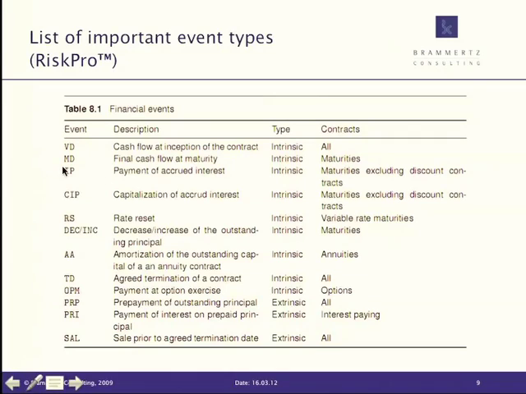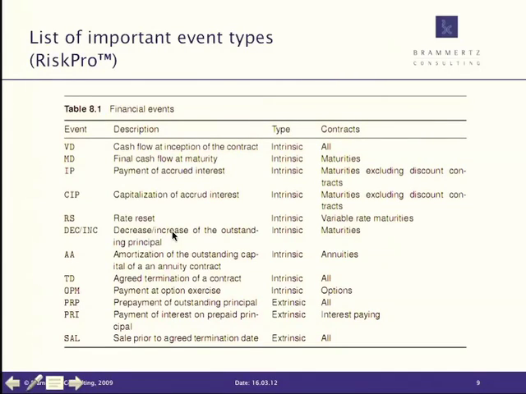Interest payments. So here that is in most contracts. Then capitalization, rate reset is a very important event. So where you go to market conditions, look at the conditions. So that applies for all variable rate maturities.